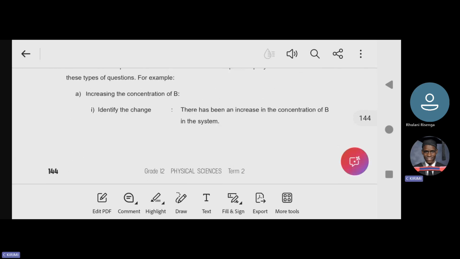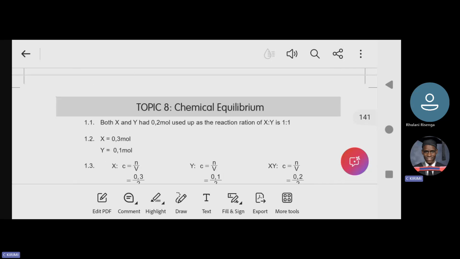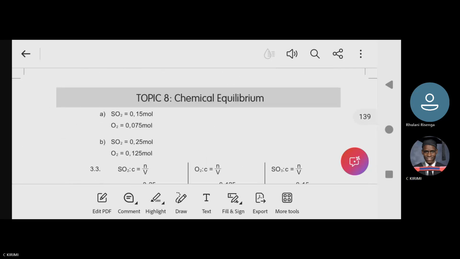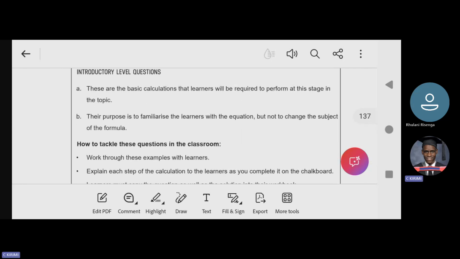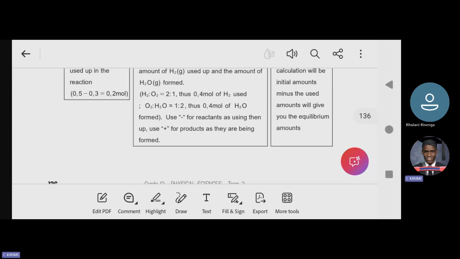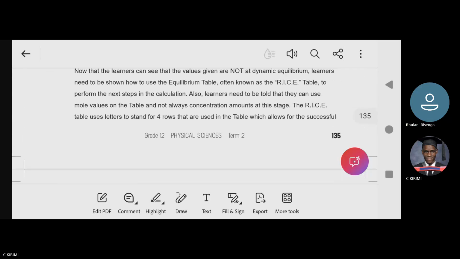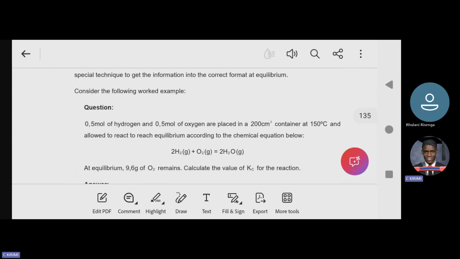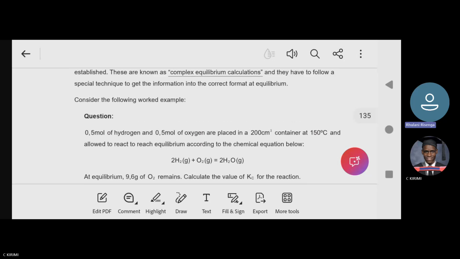Temperature, chemical. We're just starting chemical equilibrium. We're not yet far. So, calculation of Kc. This is the one which I said screenshot.